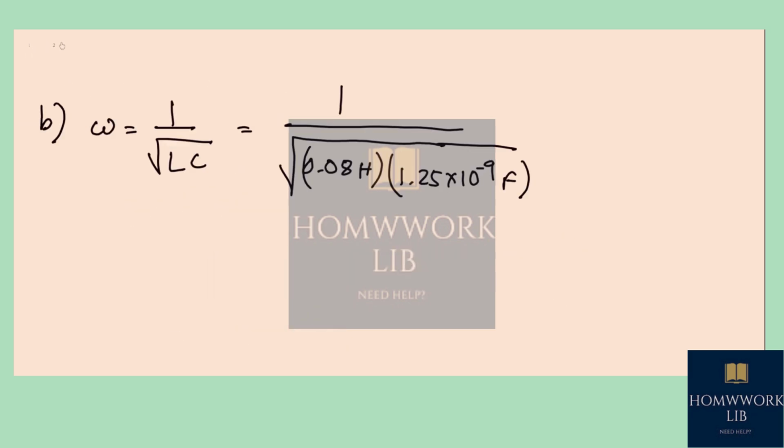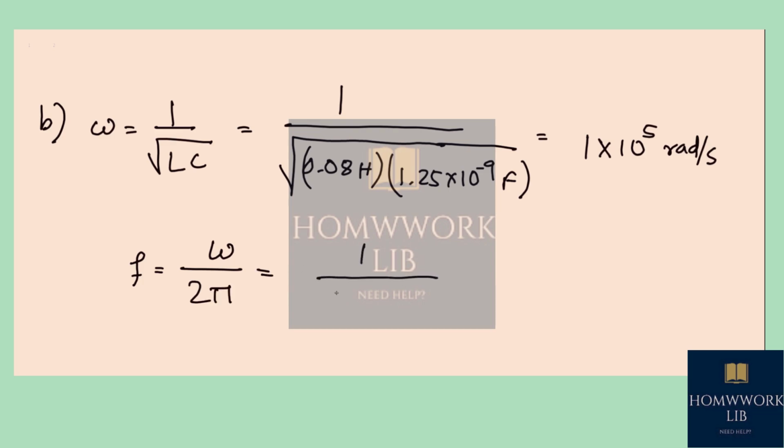And then if we solve for this, we get 1 times 10 to the power 5 radians per second. So in terms of hertz, frequency is omega by 2 pi, which is 1.59 times 10 to the power 4 hertz.